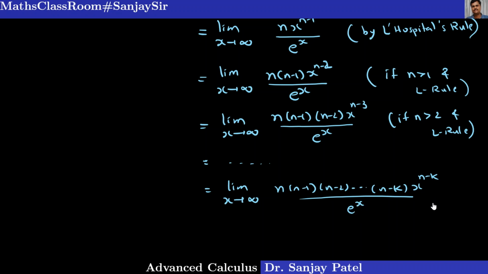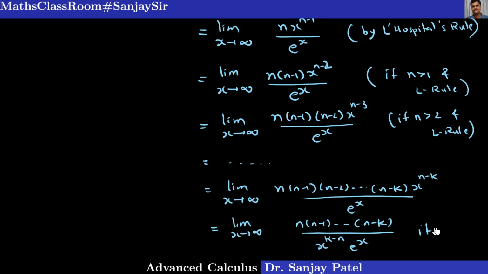Okay, and in this case, if n is less than k, then I can write this as limit x tends to infinity n into n minus 1 up to n minus k, and then upon x raised to k minus n into e raised to x.